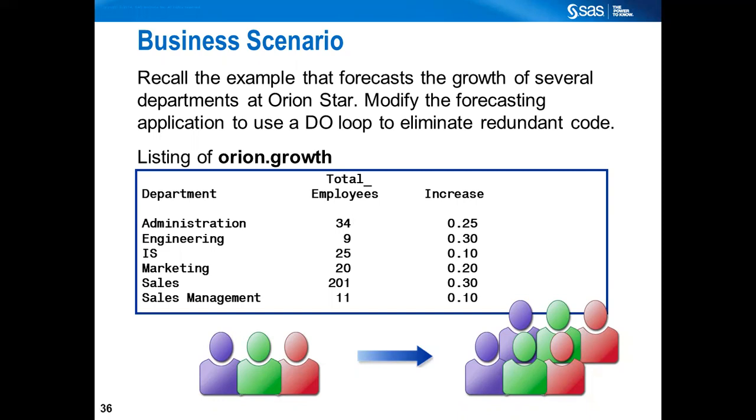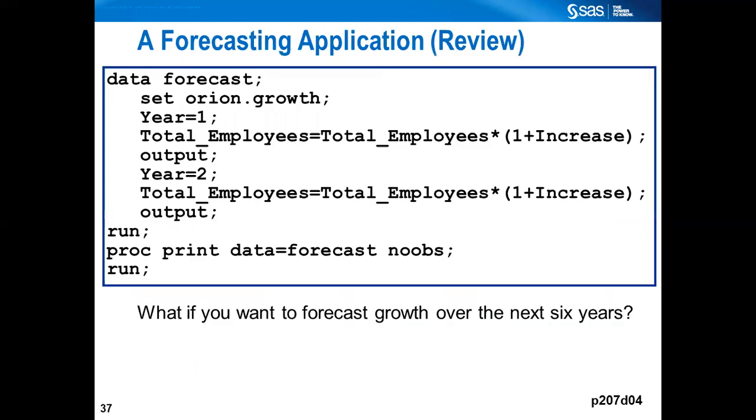Now, for the same increase data, if you were working for the next 1 year, how would you have written it? If you remember the very first chapter of this programming, we got introduced to the put output statement, correct? So when year equals 1, you write total employees equals total employees times 1 plus increase, then output. For your next year, year equals 2, you write the same, then output. So for every year you write explicit output statements to see the rate of increase of employees in every department.